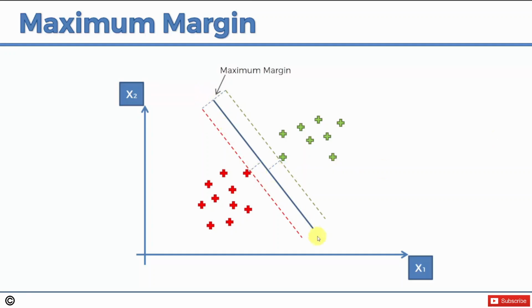So this line is drawn equidistant from this point and this point, and we'll find out exactly why these points in a second. And that margin, the sum of these two distances, has to be maximized in order for this line to be the result of the SVM.